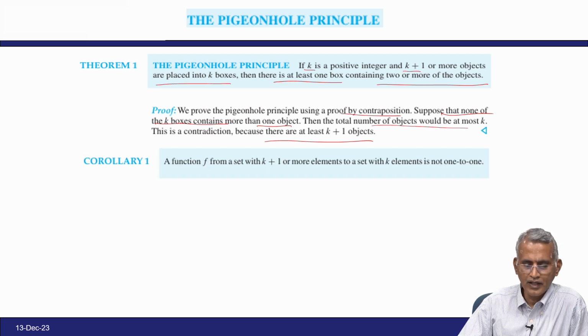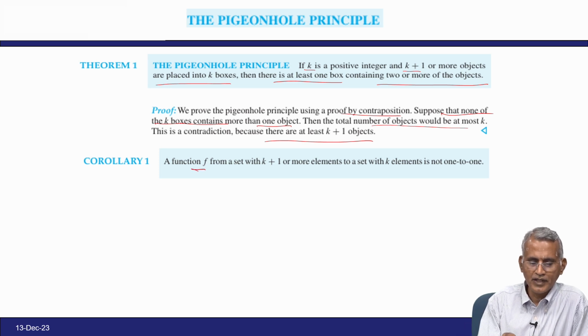Now, we have a corollary. A function f from a set with k plus 1 or more elements to a set with k elements is not one to one. So, obviously, the pigeonhole principle does not obey one to one mapping.